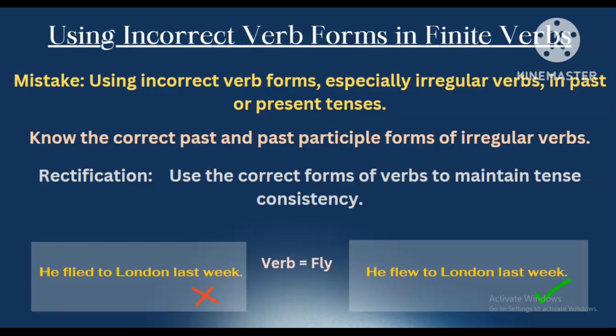Another common mistake which I often find while checking the answer sheets is that students tend to use incorrect verb forms, especially with irregular verbs in the past or present tenses. See, you have to know the correct past and past participle form of irregular verbs. You have no other way to it, right? So in order to rectify this error and get full marks in all your answers, you have to use the correct forms of verbs to maintain the tense consistency.